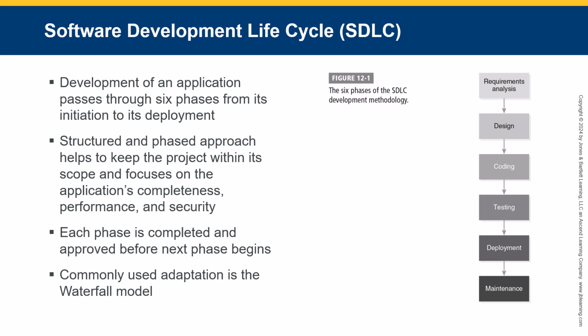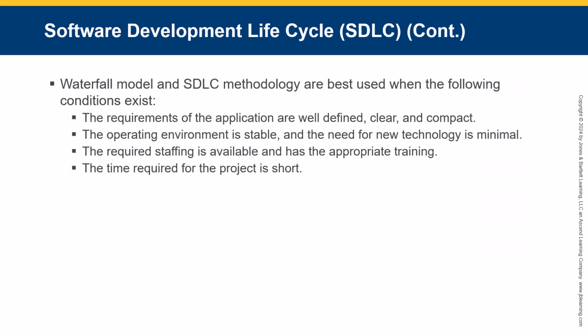So a new development project might be in order. This might go in multiple phases. This might go in a circular fashion. It really just depends. But this is the general SDLC process. The nice thing is when looking at the SDLC, it's more like a waterfall model. And they're best used when the following conditions are pre-existing.